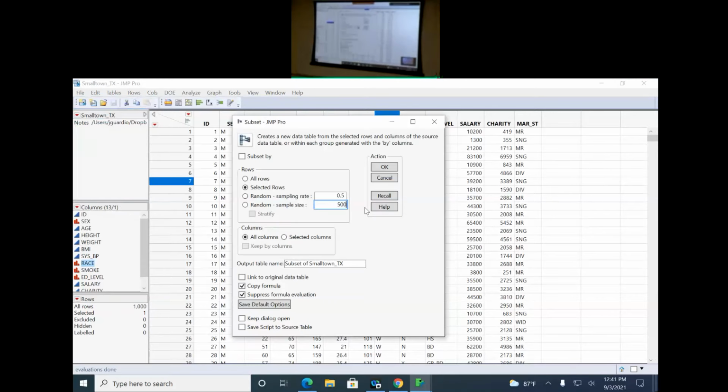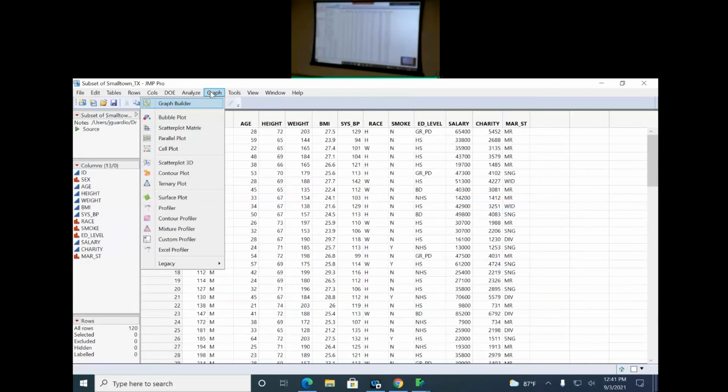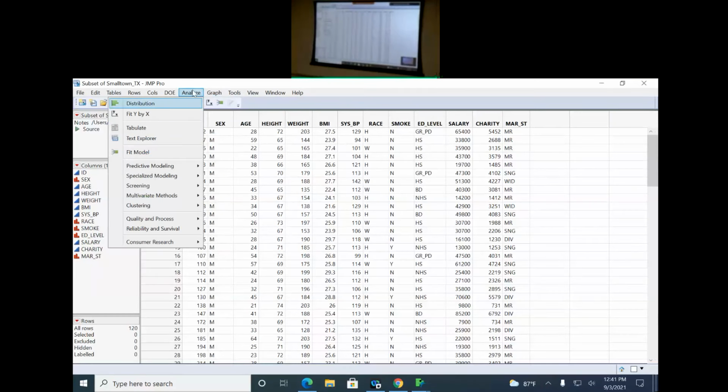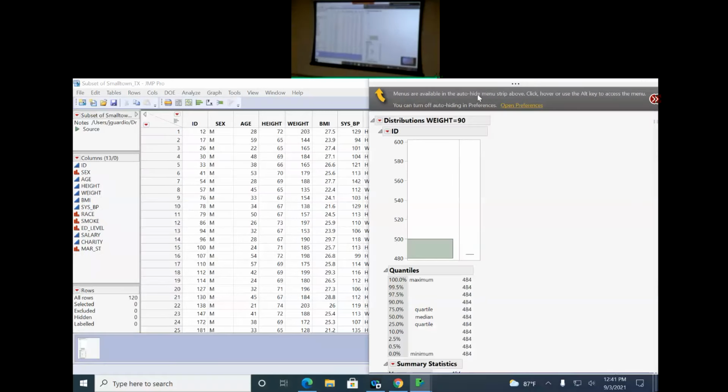I think you would have done this in your lab 1. Okay, so here, if you go here, you will have different plots. As I said, we have scatter plot, parallel box plot, and we have, where is stem and leaf? Okay. For example, I have ID and I have weight. I'll click on this and let's see which graph we get.